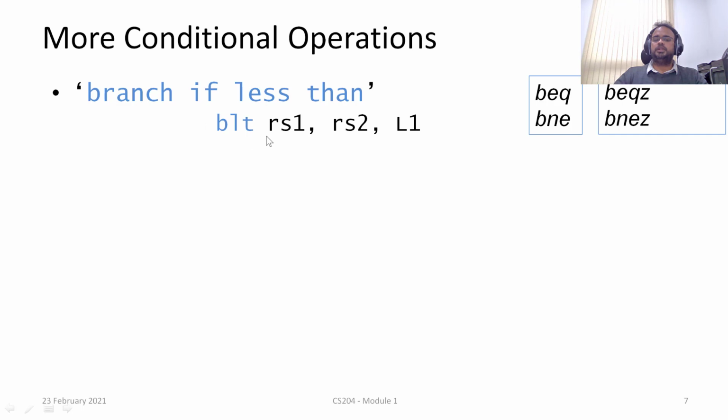We have two register operands, RS1 and RS2, and we have the label. Here it's L1. So what this instruction does is the value in RS1 is compared with RS2. If it is less than, then we jump to L1 or we branch to L1. Otherwise, the instruction that's immediately following BLT is executed.